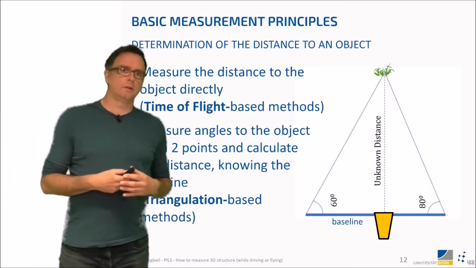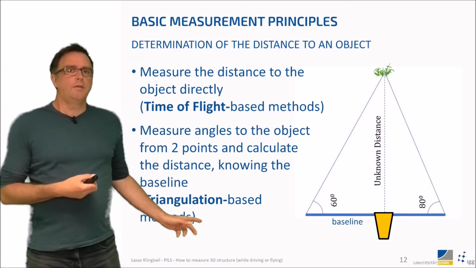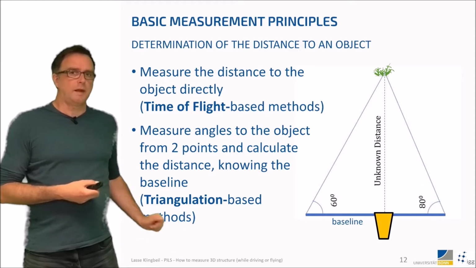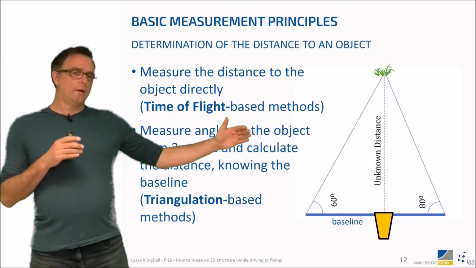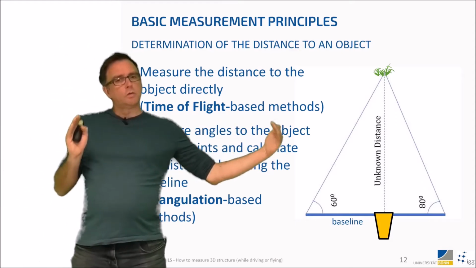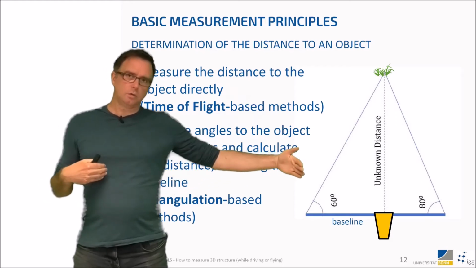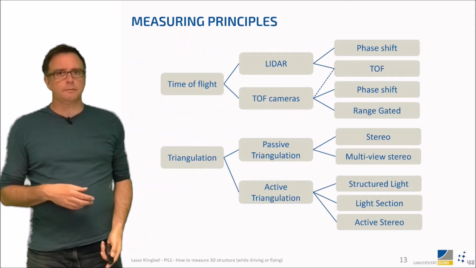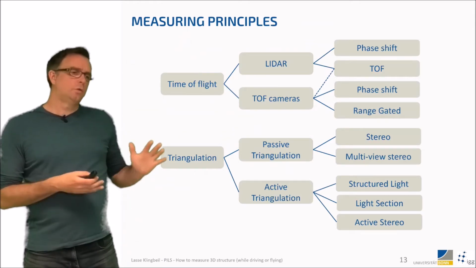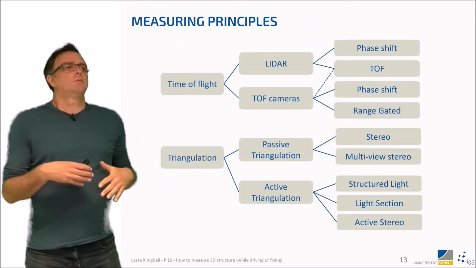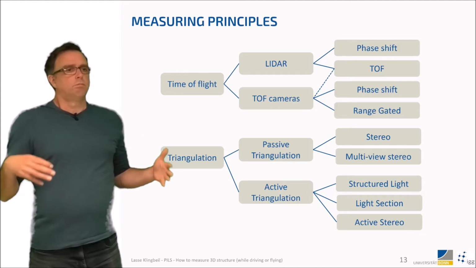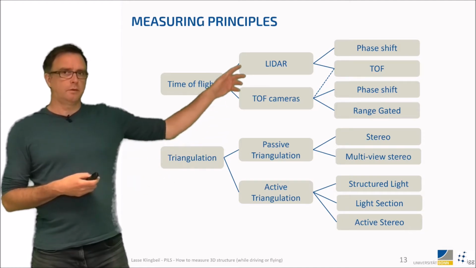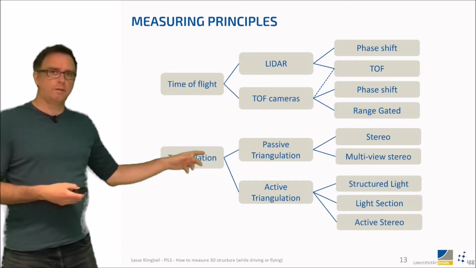So this is possible, and these methods are called triangulation-based methods. So measuring the angle from two points, knowing the distance of the two points, I can get the third point, the distance. And those two principles are basically used in all 3D measurement devices. One are the time-of-flight devices and the triangulation devices.